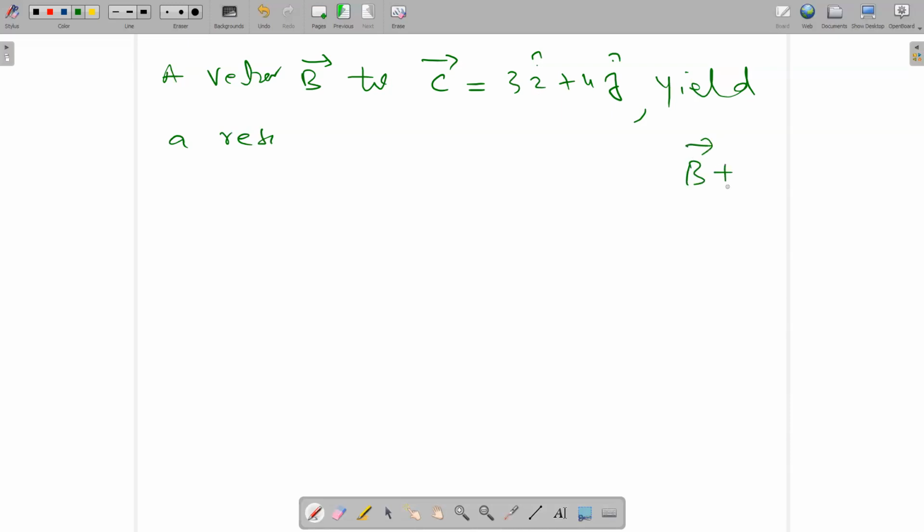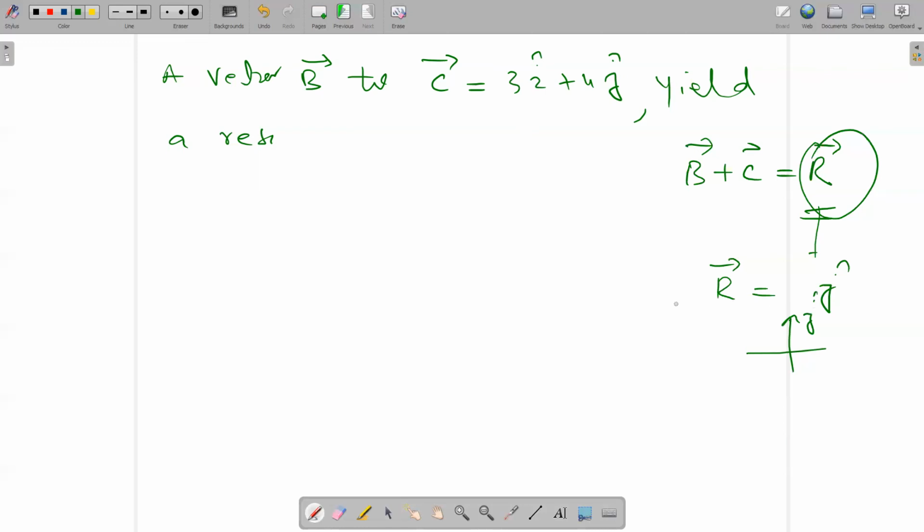But this resultant vector is in the positive y direction, which means this resultant has only a j component. So its x component is 0 and it has a magnitude equal to that of C vector.